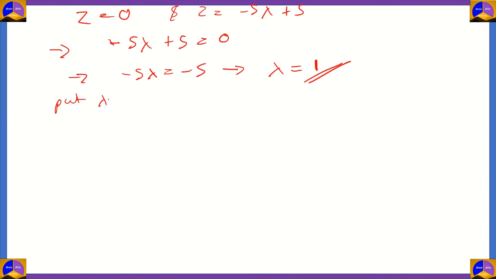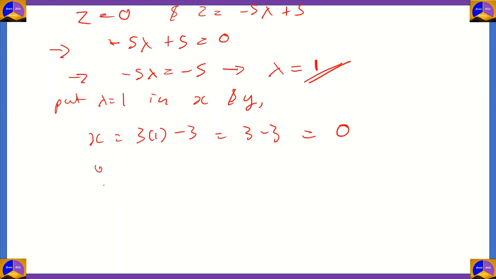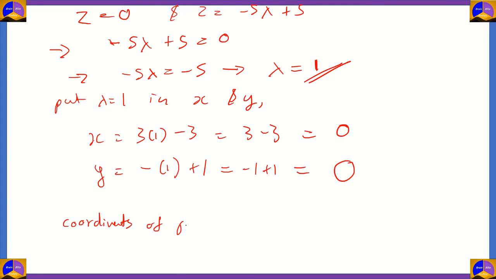Now we put lambda equals 1 in the equations for x and y. So x equals 3 times 1 minus 3, that is 3 minus 3 equals 0. And y equals minus 1 plus 1, which is equal to 0. So the coordinates of the point which is given are 0, 0, 0. That means this point is the origin.